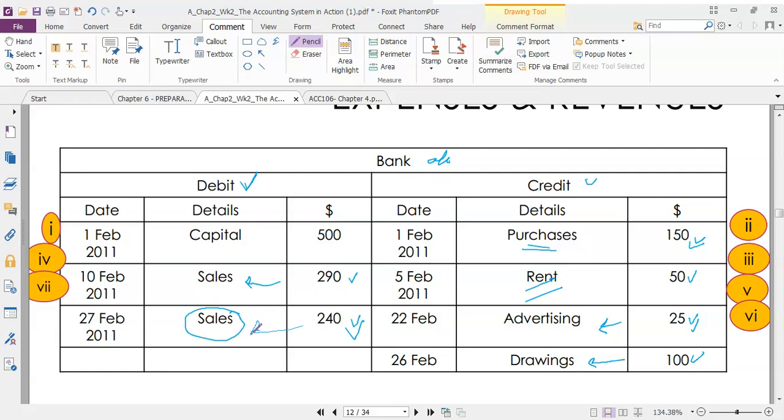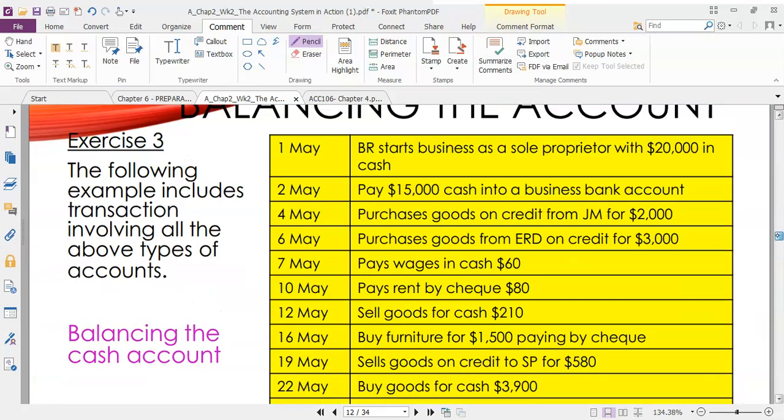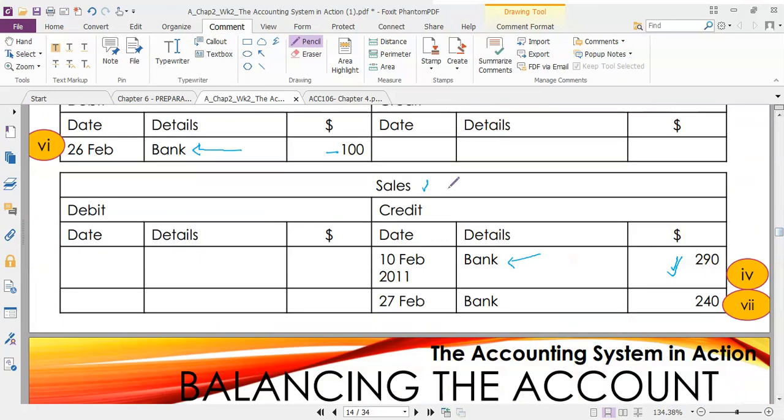The detail is sales. On the sales account itself, we must put under credit side 240, because when our sales revenue increases, we should put it in the credit side. So the detail is bank.